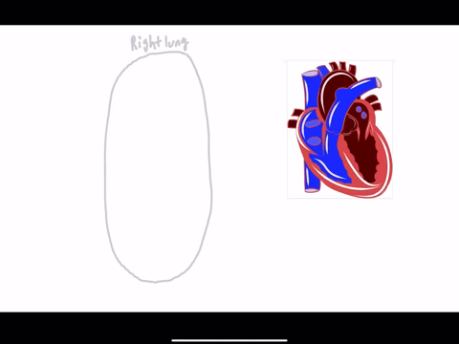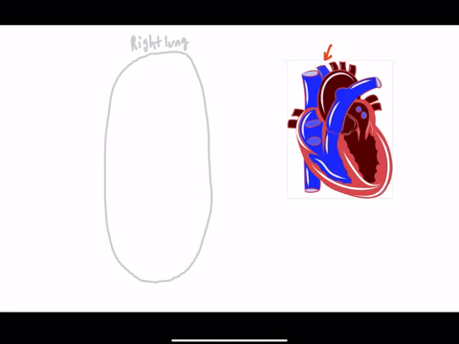What I meant by the pulmonary arteries branching into smaller blood vessels is this. The pulmonary artery, in this case the right pulmonary artery, won't just stay a huge pulmonary artery all the way down to the lungs. That's not efficient.